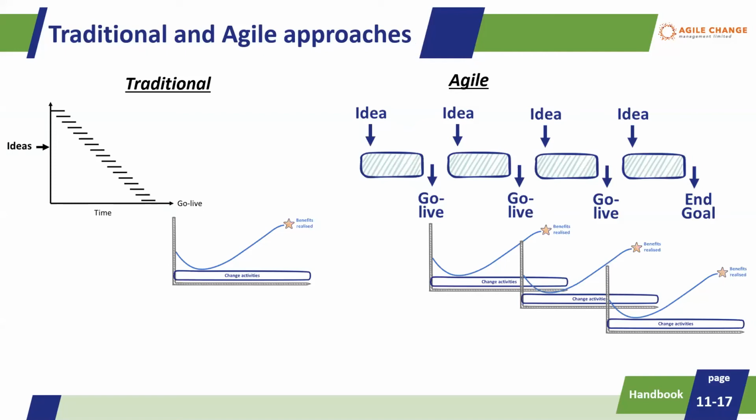Finally, our agile approach really does deliver this evolving solution. You can see that we build up towards the end goal, putting in place changes as we go. And this has, I think, some big advantages when we're in such an uncertain world.